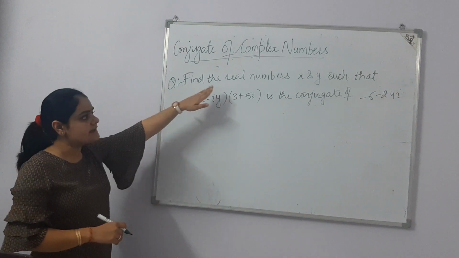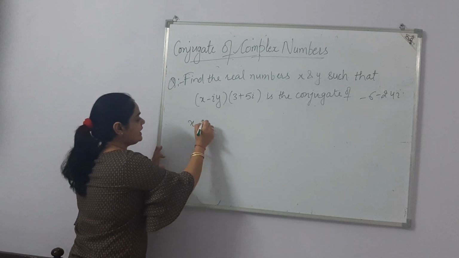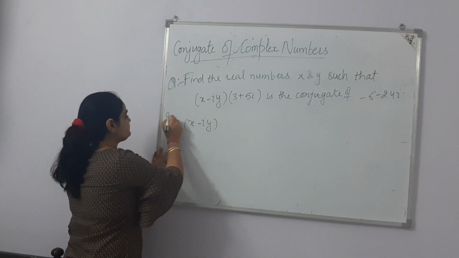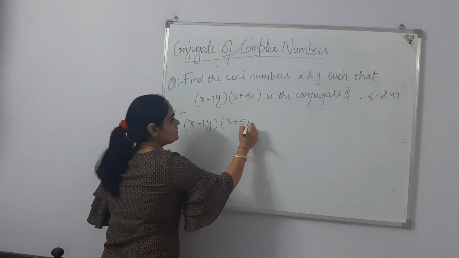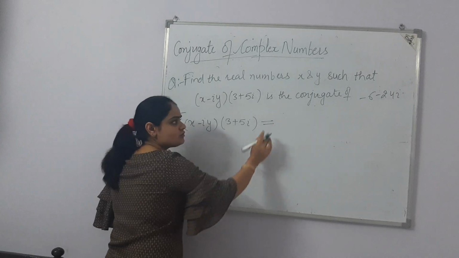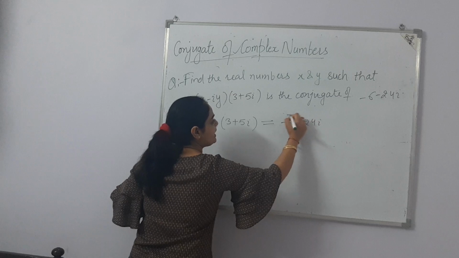This is the question, find the real numbers x and y. This is the relation given to us. What is the relation? x minus iota y multiplied by 3 plus 5 iota equals the conjugate of minus 6 minus 24 iota.